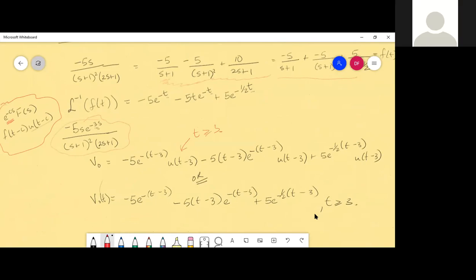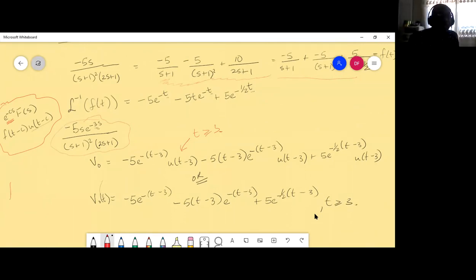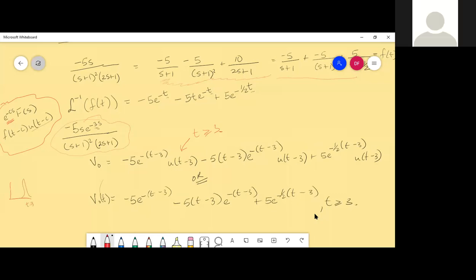The function doesn't start before 3. Nothing happens before 3. That makes sense because we said that the impulse occurred at t equal 3 seconds. So for the output, you look from t equal 3 seconds and beyond, because nothing happened before that. The impulse function occurred at time t equal 3.